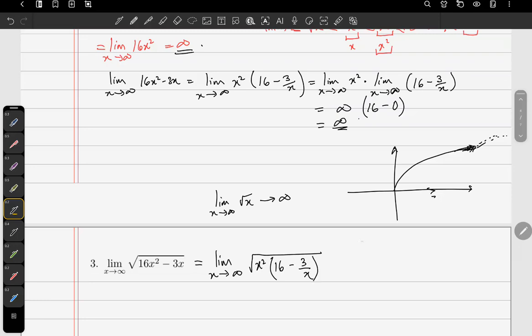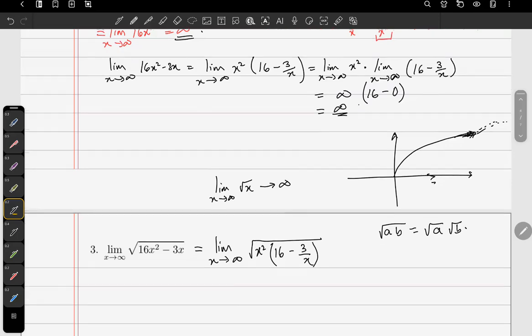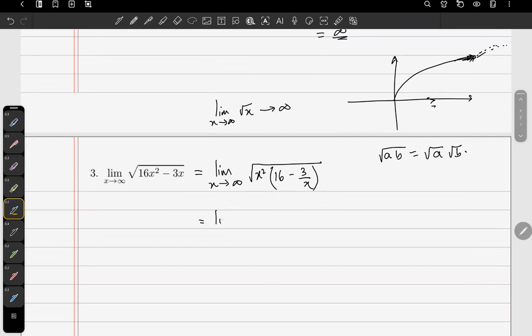Then we know from the laws of surds, radicals, that square root of ab is equal to square root of a times square root of b. So it means I can split this into the limit as x goes to infinity of square root of x squared times the square root of 16 minus 3 over x.